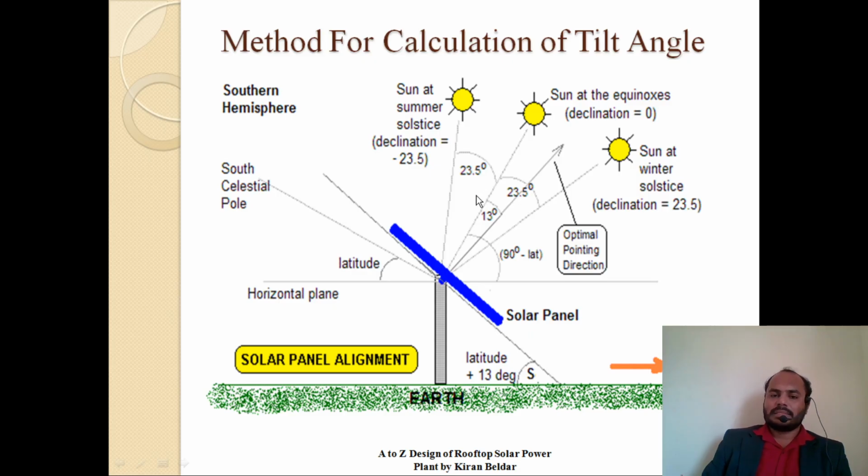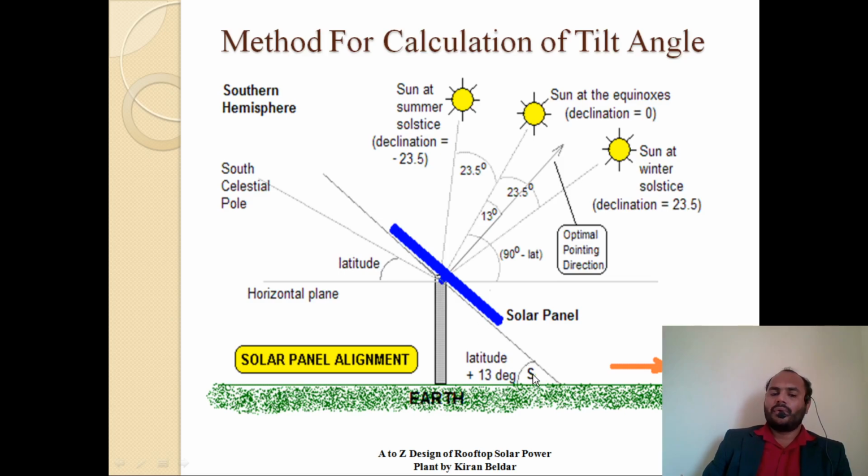But in most cases, in the northern hemisphere and also the southern hemisphere, by adding some correction factor, we take this angle as 15 degrees. In this diagram it is taken as 13 degrees, but taking some correction factors due to the earth's geometry, the angle is 15 degrees. So when we want to align a solar panel, we calculate latitude plus 13 degrees, or you can also take latitude plus 15 degrees for the winter solstice.